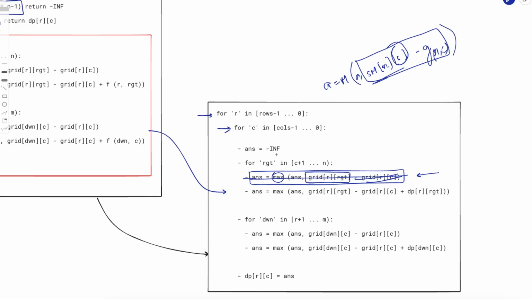So you have removed this with a simple one line operation. In the same fashion, if you can remove this as well, this loop is not required at all.